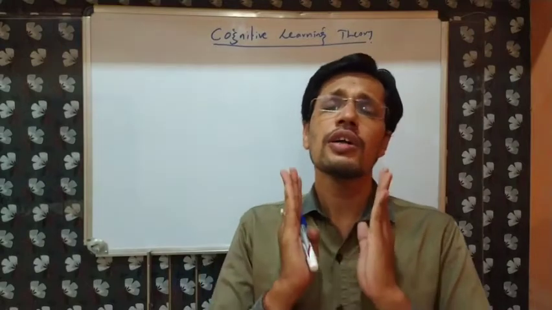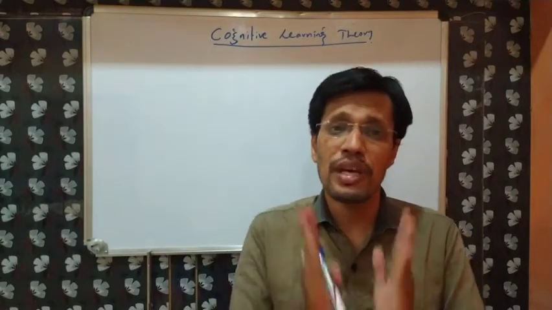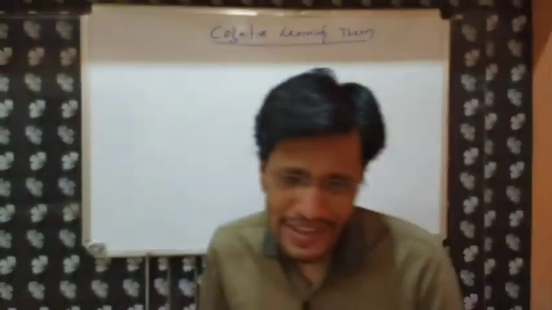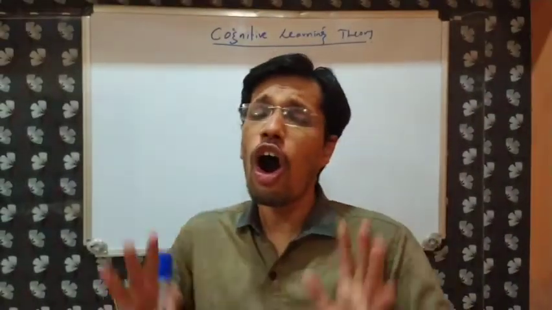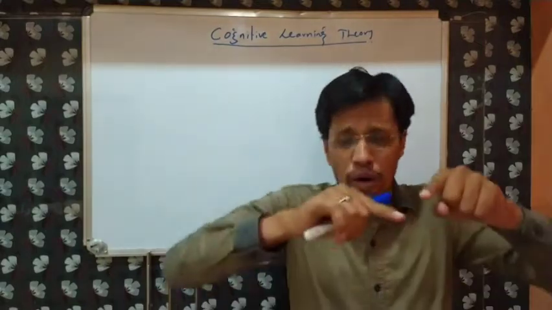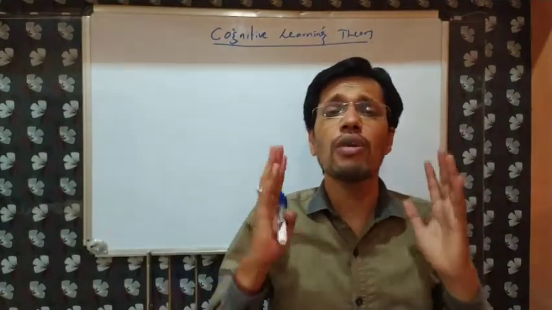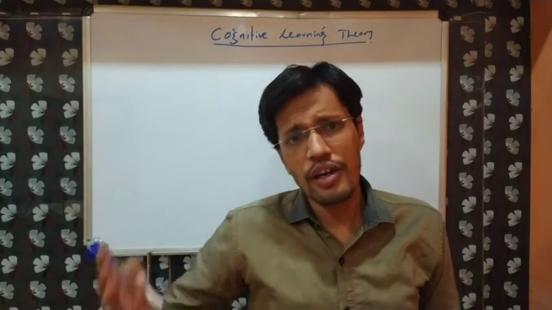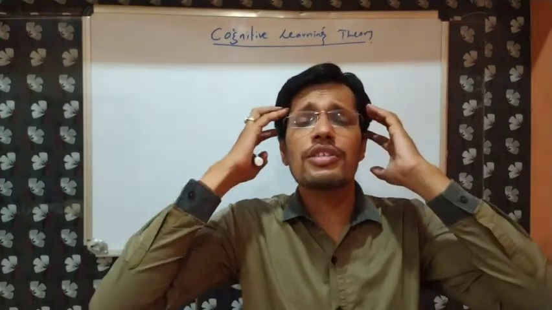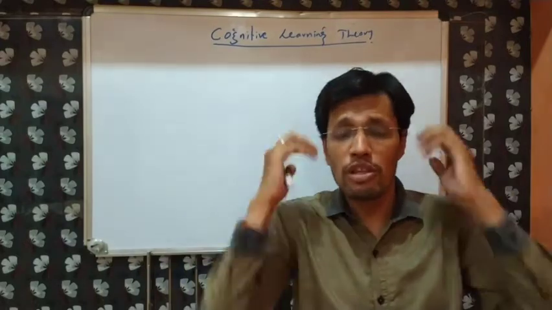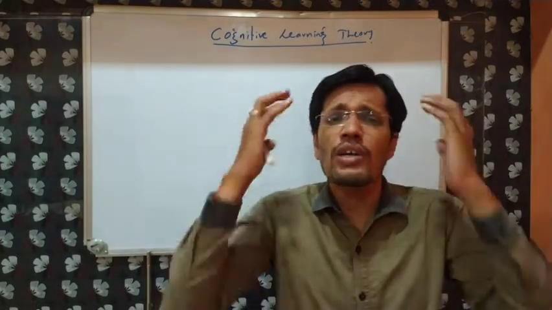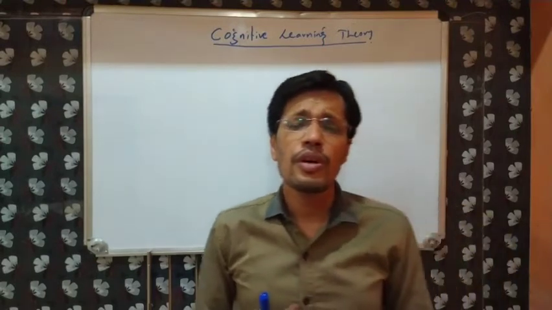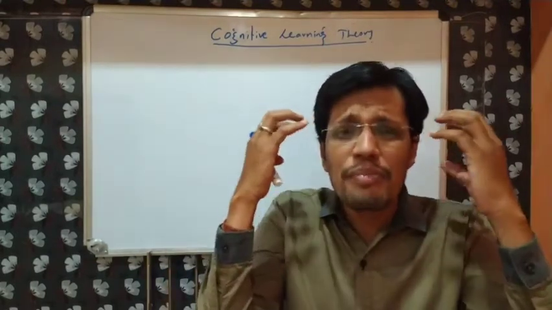This particular theory speaks based on the knowledge, interpretation, understanding, idea of a human being about his environment, about his learning. So learning depends upon what knowledge one possesses, the way one interprets, what idea he possesses.